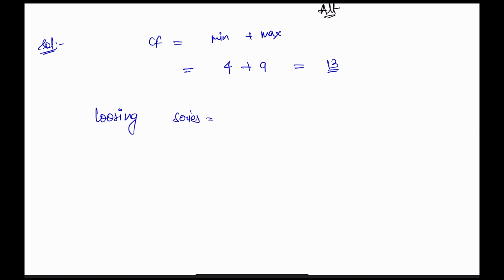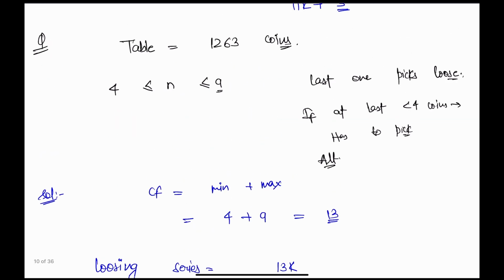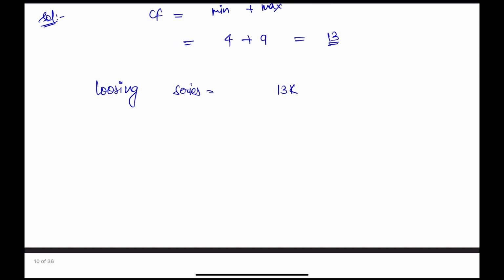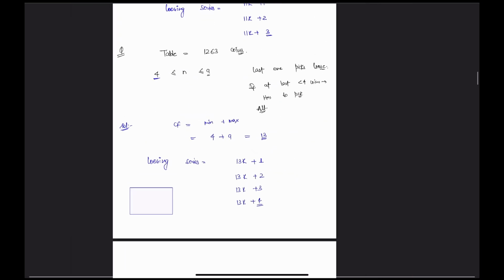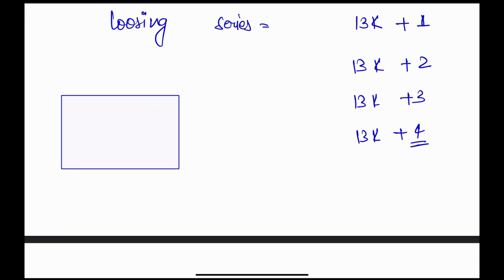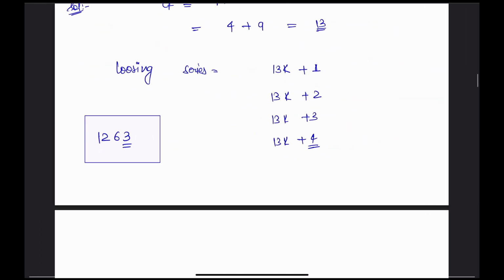It will be in the form of 13k, then till 4, so 13k plus 1, 13k plus 2, 13k plus 3, 13k plus 4. These 4 will be our losing series, and we know that on the table there are 1263 coins. Tell me which one is nearest to this.